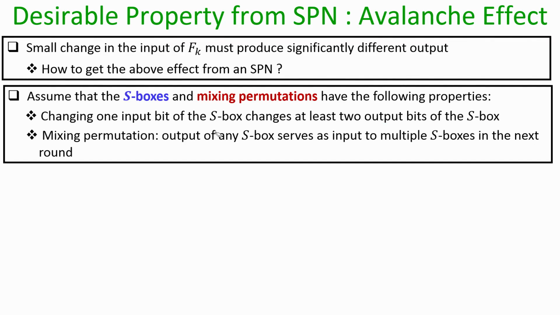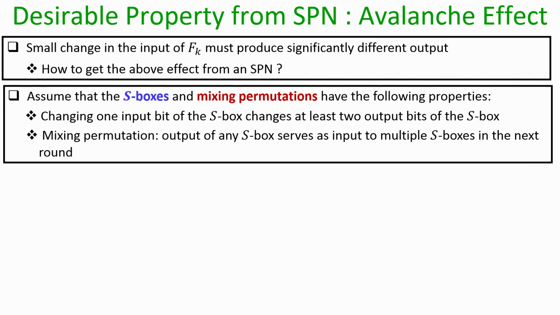And for the moment assume that the mixing permutation that we are using has the property that the output of any S box serves as the input to multiple S boxes when we go to the next iteration. Remember in the SPN the mixing permutation basically shuffles the bits of the intermediate output and then only we go to the next iteration.